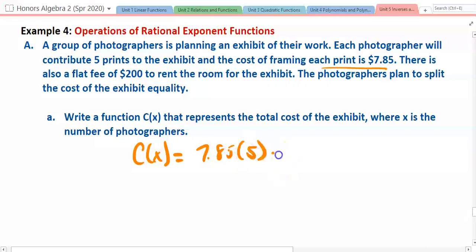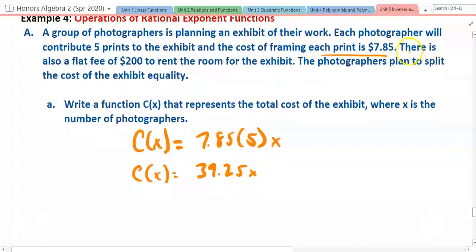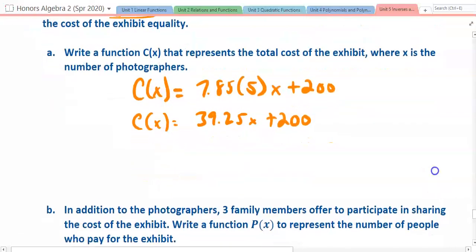Now, they use the variable x here, so we're going to keep the x as the number of photographers. And so C of x is equal to 39.25, and that will be multiplied by the x. Okay, so we have our C of x. Now, hold on. There's also a flat fee of what? $200. So this is going to be plus 200. There we go. All right, let's go to part B.